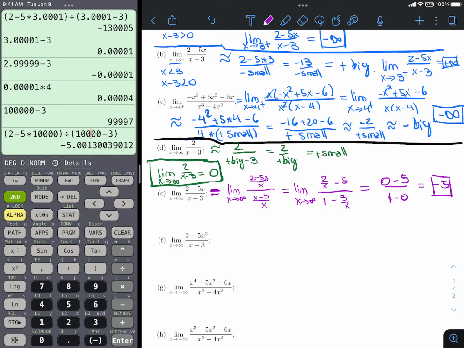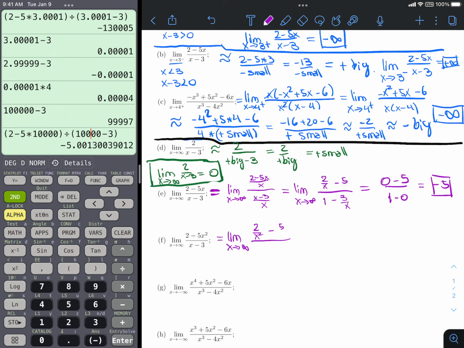On f, I can look at the highest degree. This is x squared. So I'll divide by x squared in both top and bottom. So I'll do 2 over x squared, minus 5 over x squared.